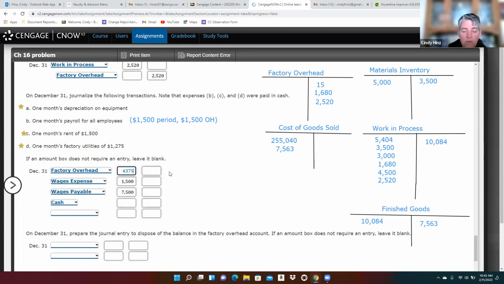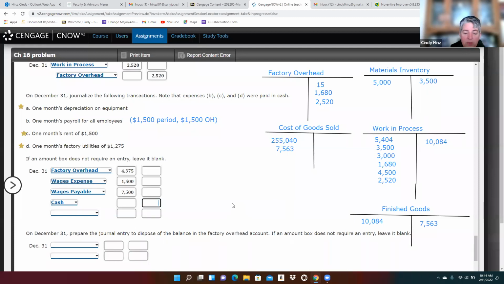And so that's a total of $4,375. I'm going to say that one more time. That $4,375 includes one month depreciation of $100, the $1,500 for the knitting supervisor, $1,500 for the month's rent, and $1,275 for the month's utilities.